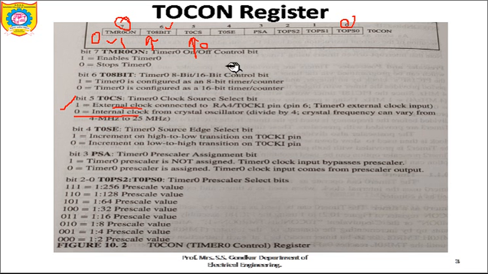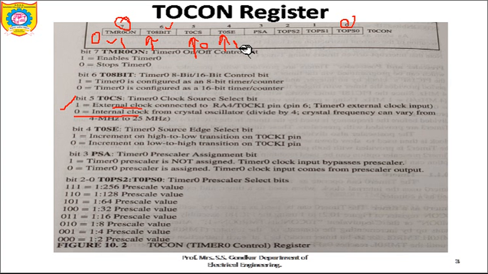Next is bit number 4. This one is T0SE, the timer 0 source edge select bit. If this bit is 1, it increments on high to low transition of the T0CKI pin.